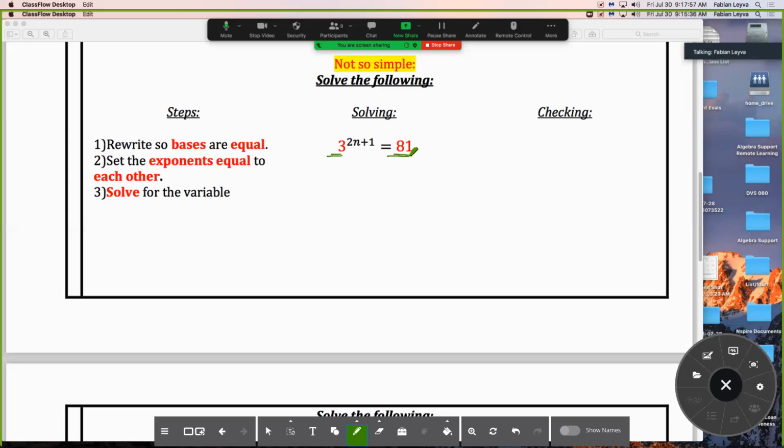But this is where you have to bring past knowledge on how to solve these problems. Now remember your rules of exponents and how to write exponents. 3 is a base. Is there any way that I can rewrite 81 as a base of 3? AKA, does 3 raised to any number equal 81?